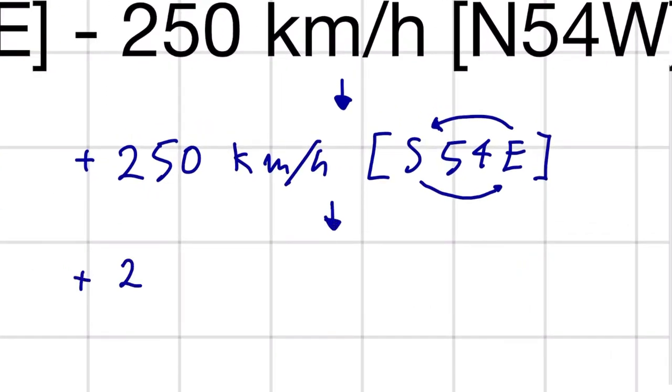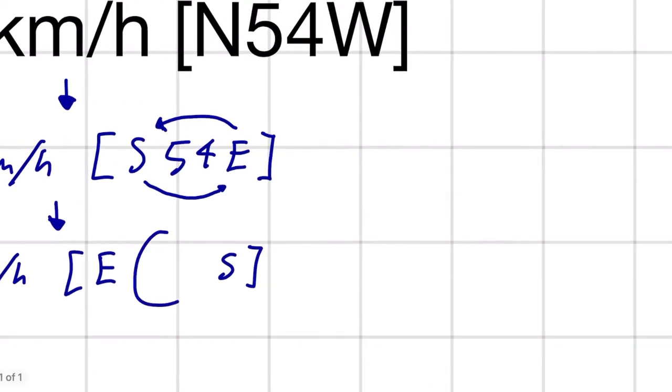So bringing it one step down, 250 kilometers per hour, and the direction is east, south. And what's this angle? What's 90 minus 54? 90 minus 54 is equal to 36.